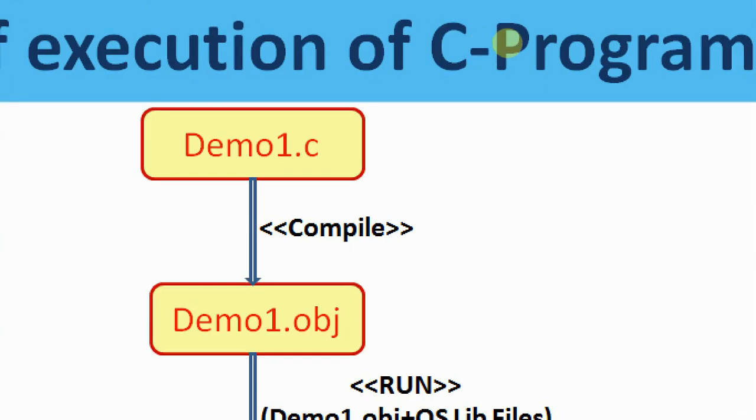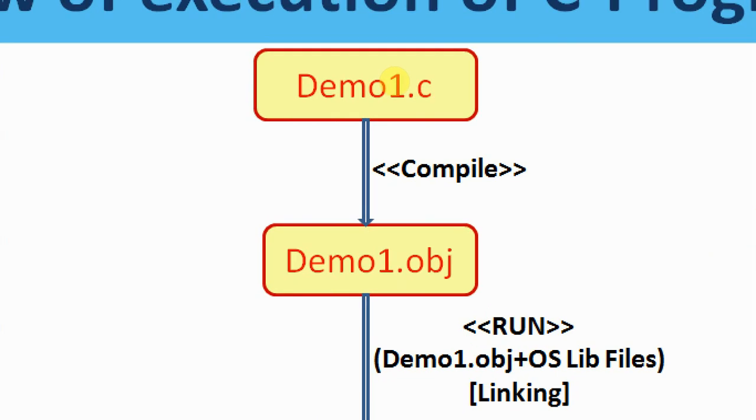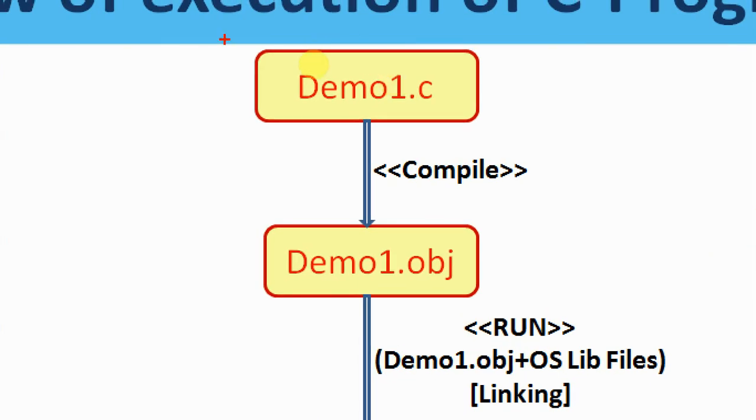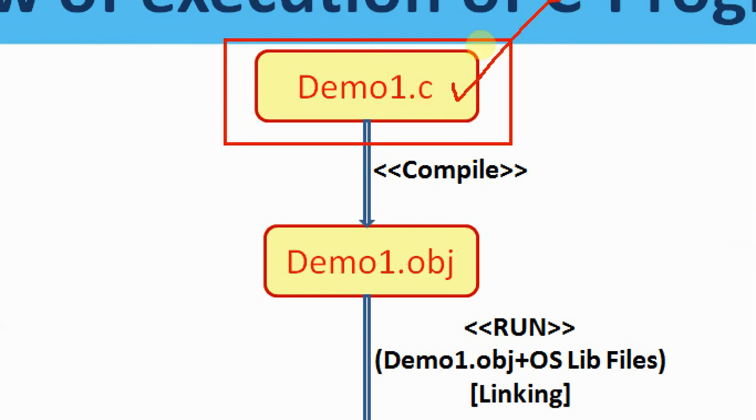Right. So first we write and save the program, and the file extension for writing and saving the program is filename.c. So we have taken this as demo1.c. After writing and saving the program, next we compile the program. We compile so that our program is converted into machine understandable format.